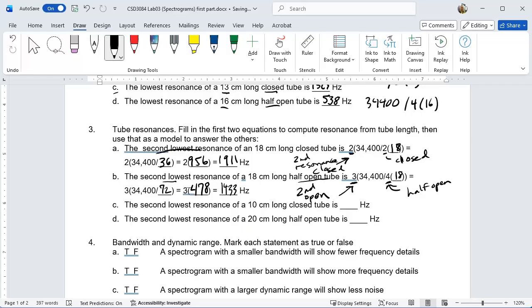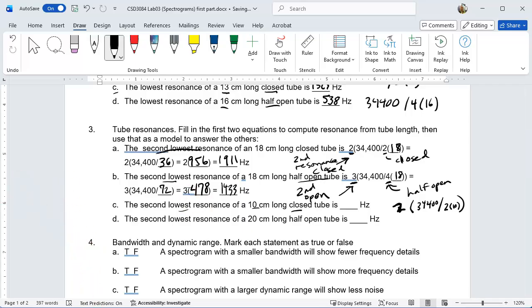All right, second resonance for a 10 centimeter tube, that's going to be closed. That's going to be 2 times 34,400 divided by 2 times the length of the tube, which is 10. So 2 in front for second resonance of a closed tube, 2 inside the equation because it's a closed tube.